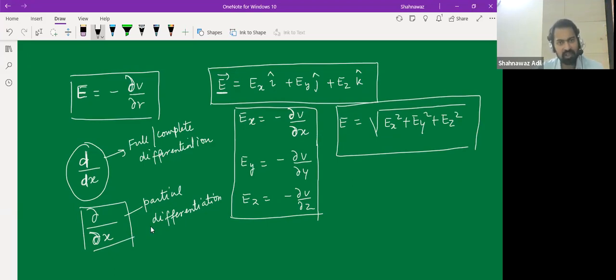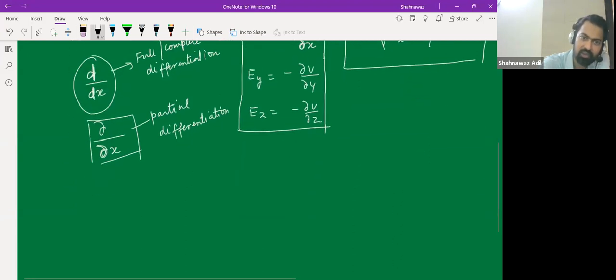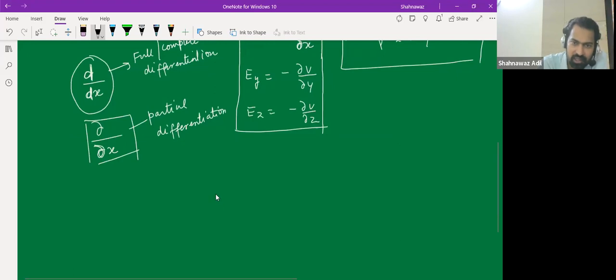So what is the difference between the full differentiation and partial differentiation? In partial differentiation, let's say I have V equal to 3x square y square z square.